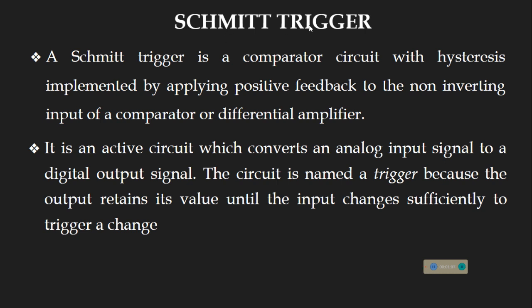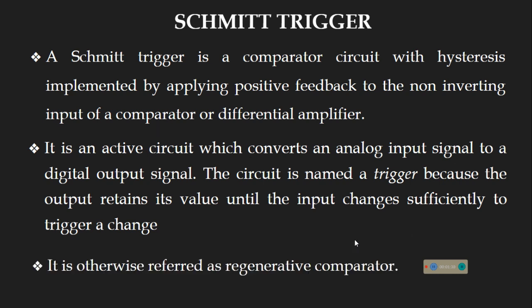Hence, the other name for Schmitt trigger is the trigger. That is, the output will be retained until the input is changed. How will the input be changed? Whenever it crosses the threshold, we will be changing the output. That is, the output will be moved from 0 level to the 1 level, or from the low level to the high level.